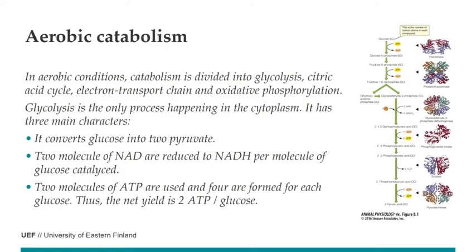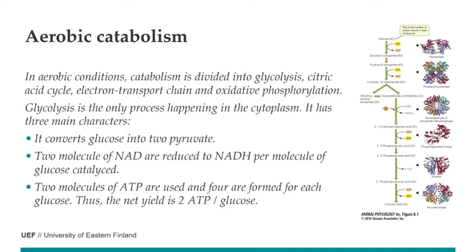The glucose is phosphorylated, and later the fructose 6-phosphate is again phosphorylated, so you increase the energy of these molecules. Later, you have two reactions where ATP is produced, but it happens two times, so the net yield is 2 ATP per glucose, because 2 were also used in the beginning.